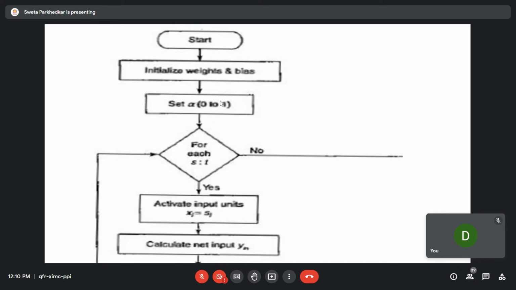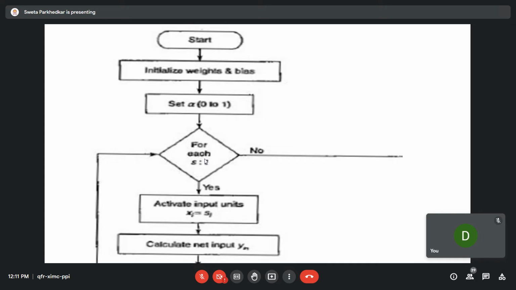We need to initialize it between 0 and 1. In between, whatever value you want, you can set the learning rate. And for simplicity, we set this learning rate to 1. Then, till the stopping condition is reached, you need to enter the loop and iterate the loop. Okay.